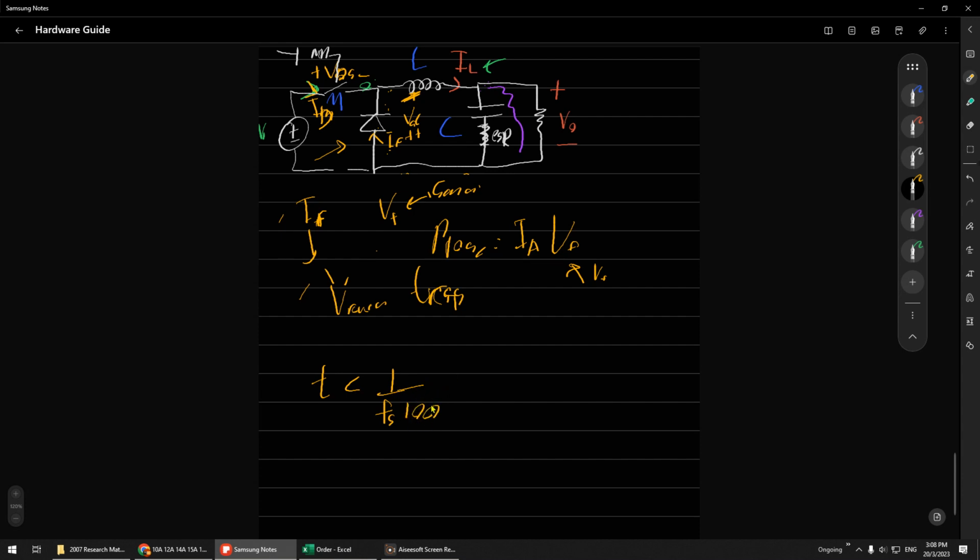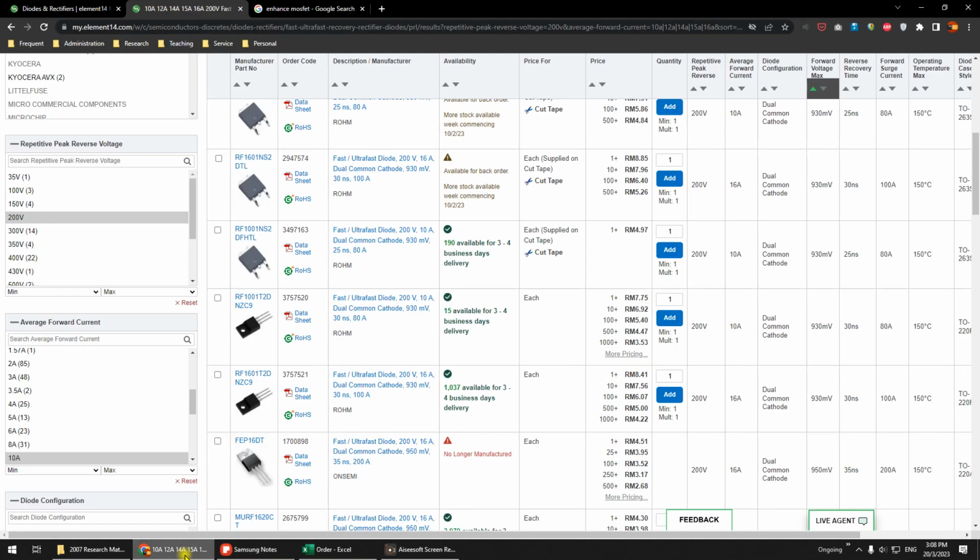That is the minimum. I think 100 is also not very good, so 200. If the switching frequency is 20,000, then 1 divided by 20,000 and divided by 200. So this is reverse recovery. Basically I suggest 100 nanosecond should be okay.